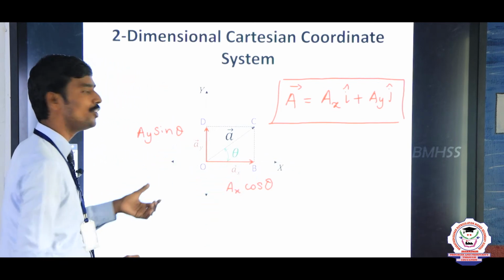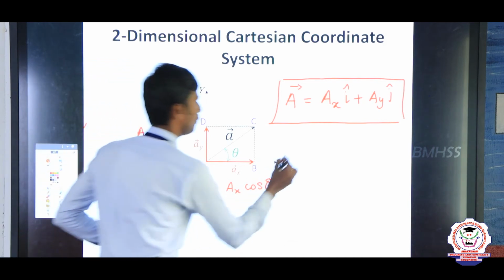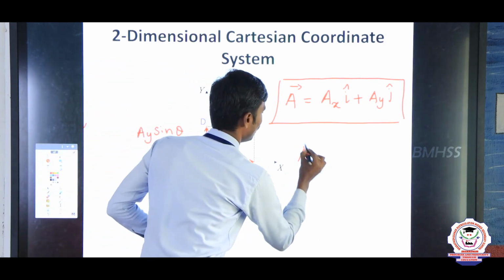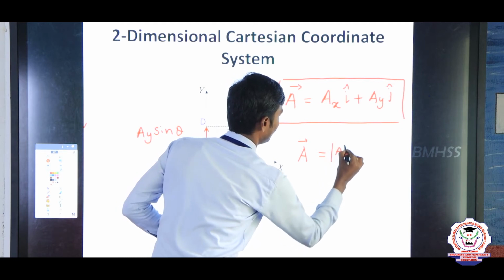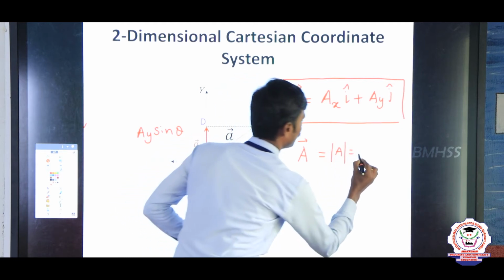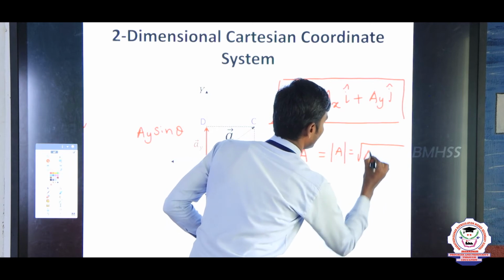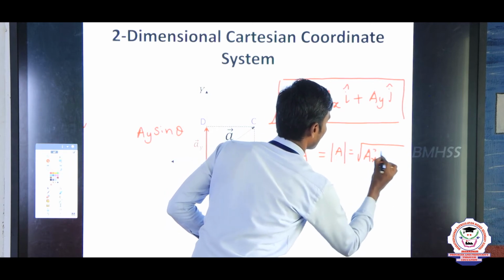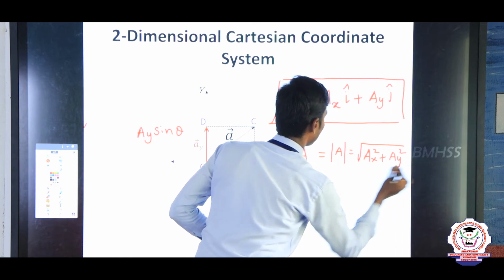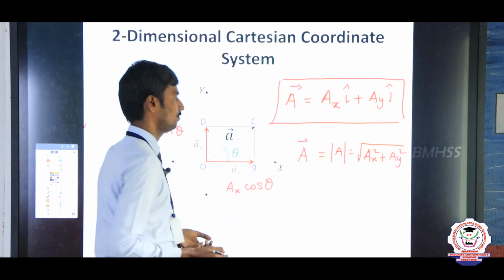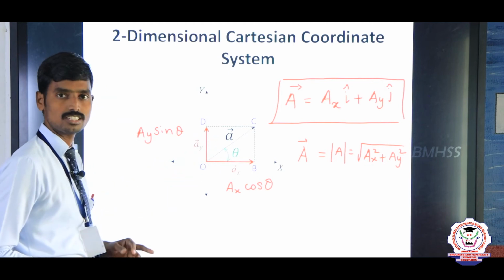To find the magnitude of a vector, the modulus of a, a equals square root of ax square plus ay square. This is a very important formula, the magnitude of the resultant vector A.